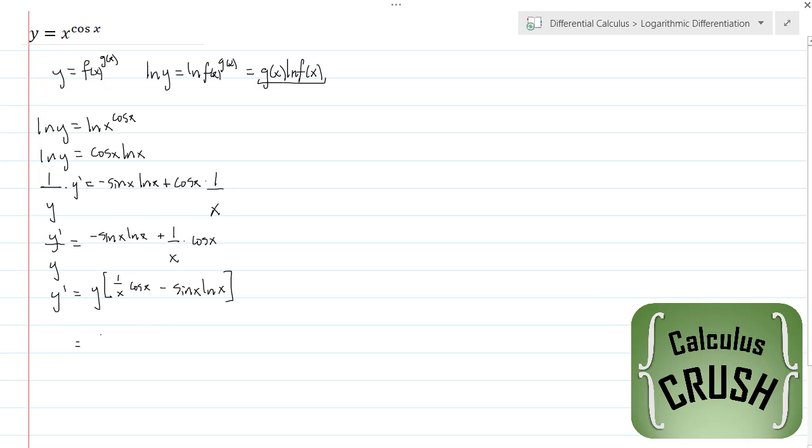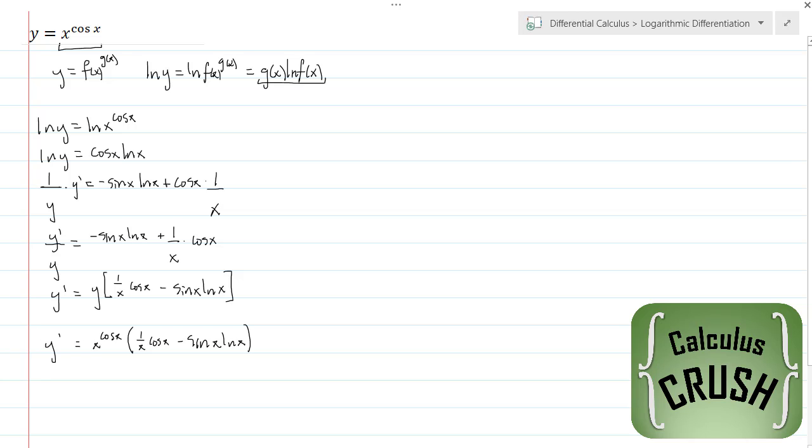And that is equal to, now what is y? We know what y is, right up at the beginning: y is x to the power of cosine x. So we just sub that in there. y prime equals x to the power of cosine x times 1 over x cosine x minus sine x ln x.